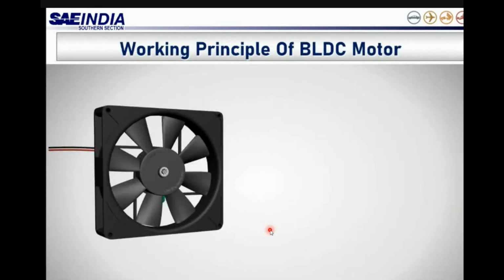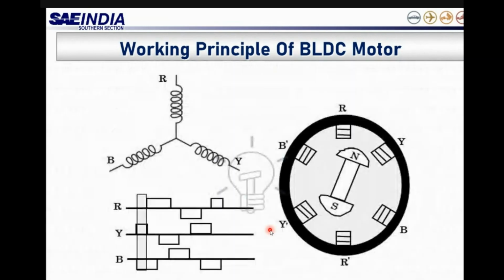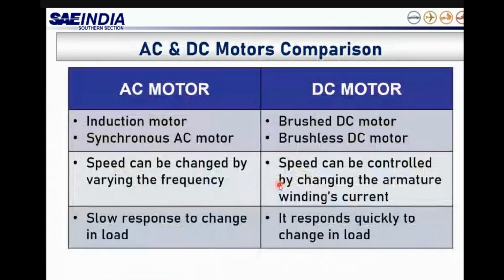The motor section also has a short animation on the working principle of a BLDC motor, but I'm going to skip that. There are different types of motors, like DC motors and AC motors. Choosing the motor is again an activity where you can form teams and subgroups.